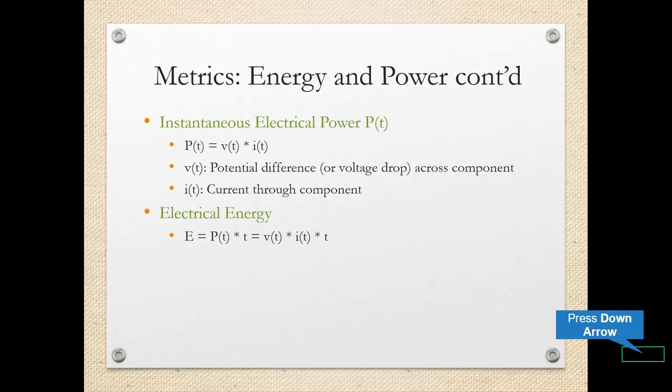This electrical energy is nothing but the instantaneous electrical power multiplied by time, and hence it is given as V of t into I of t into time. So electrical energy in CMOS circuits is given as power multiplied by delay. But why is it not only power, why is the delay also considered? That we will see.